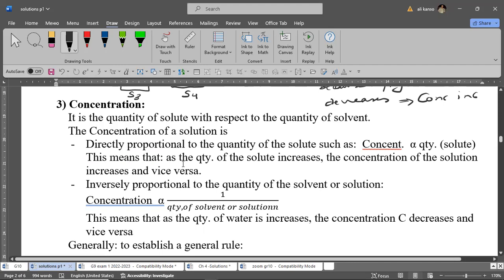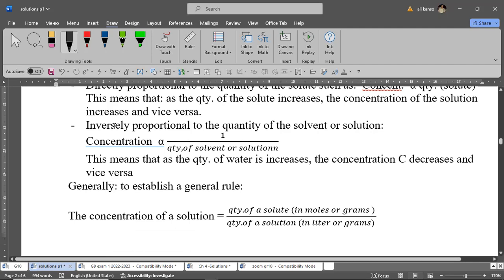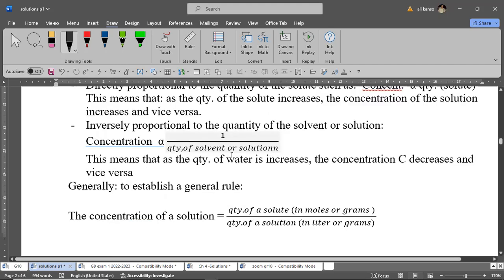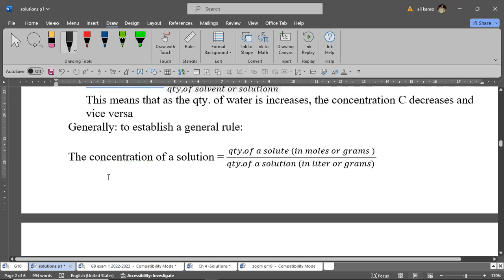This means that as the quantity of the solute increases, the concentration of the solution increases. This is for the solute. As for the solvent, it is inversely proportional. As the quantity of water increases, the concentration decreases and vice versa. We are talking about this in general.